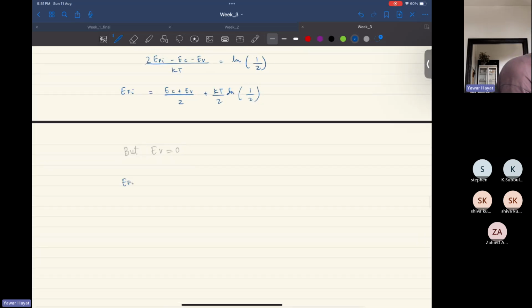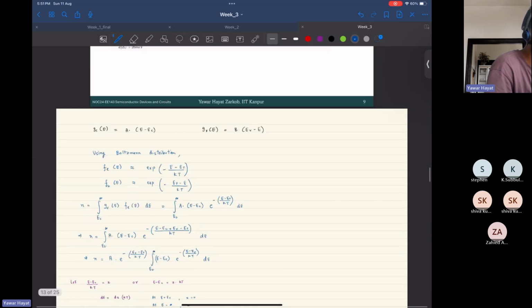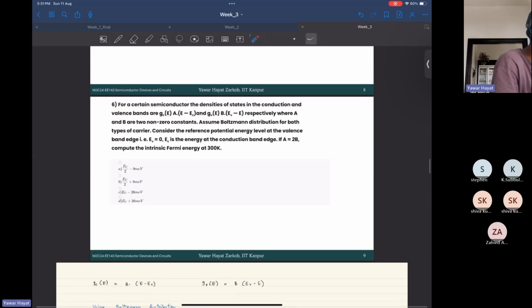Your EFi would be equal to EC by 2 plus KT by 2 ln of half. And then you just need to plug in the values, right? For example, KT is something that you know. Why? Because T is provided, right? We took EV equal to 0.